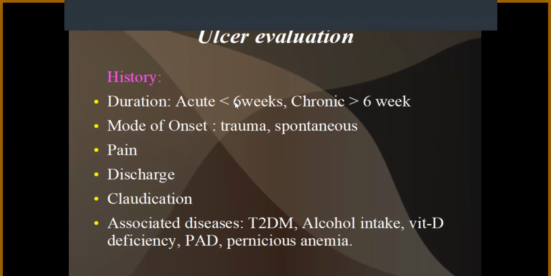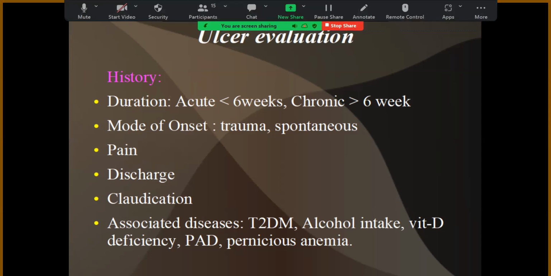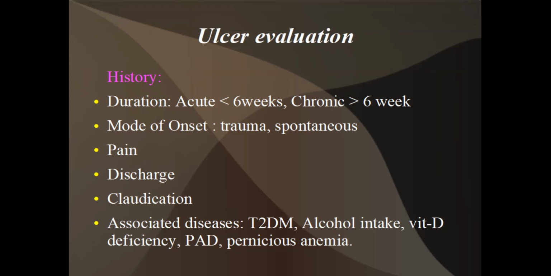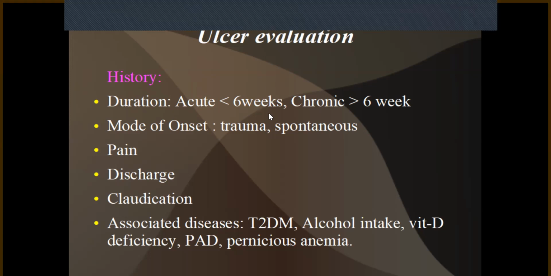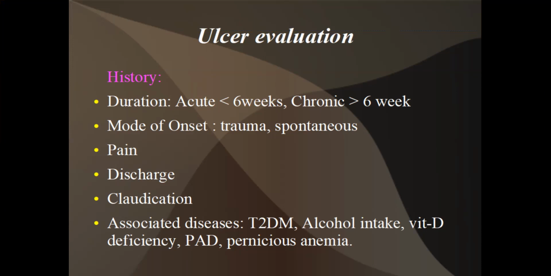Suppose in duodenal ulcer or aphthous ulcers, it is different. And when we talk about the leg ulcers or the pressure ulcers, then according to the NHS UK, an ulcer is called acute when the duration is less than 6 weeks, and chronic when its duration is more than 6 weeks.